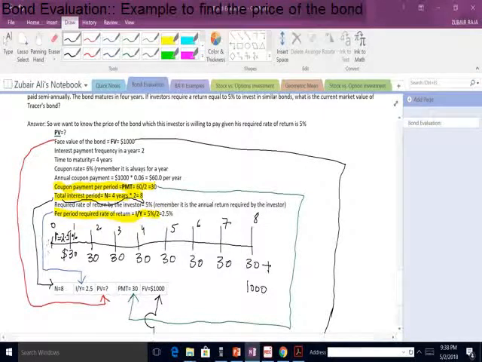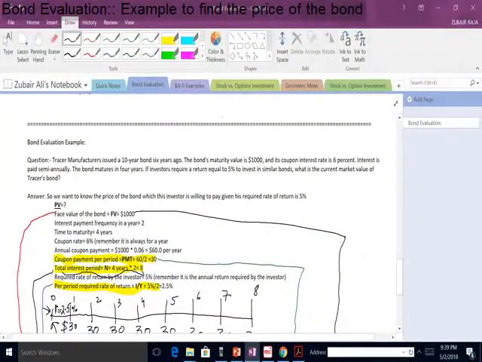Right? So right now, the concept is the same. You need to discount all the future cash flows associated with this bond to this point. So first of all, we need to know how much cash flow is associated with this bond.